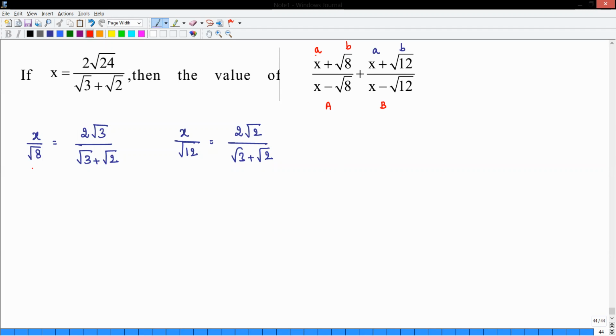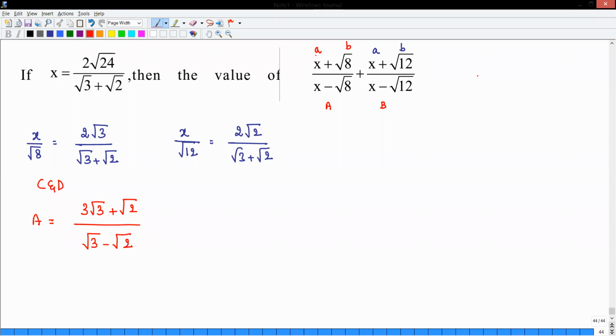Then you apply componendo and dividendo in both the cases. I know I'm going to get a here. So I'm not writing the entire term, I'm writing a. What is numerator plus denominator? 2 root 3 plus root 3 plus root 2. If you do minus, root 3 minus root 2.